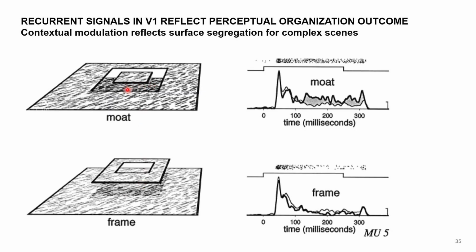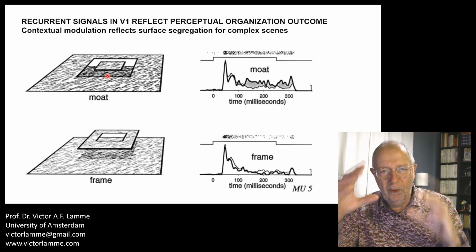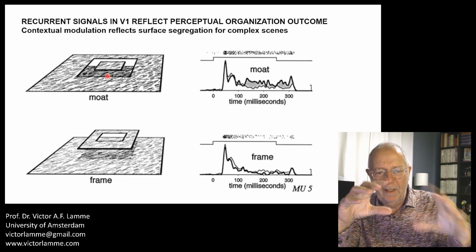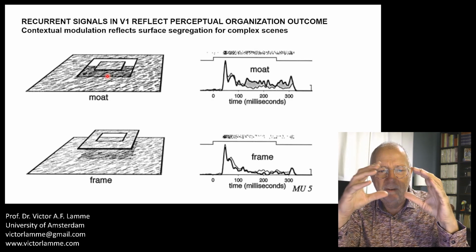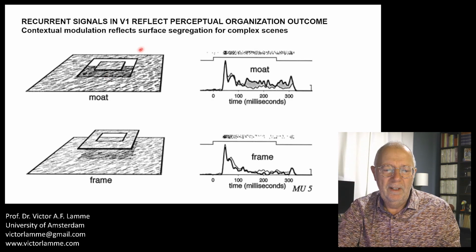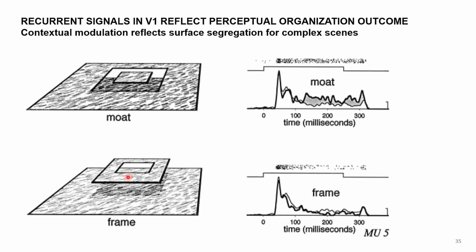With the 3D goggles, we had the animals view these kinds of scenes, but then because of the disparity, they perceived this frame, as we called it, hovering in front of the background. Of course you see it in 3D here, but it's sort of a 2D picture, a 3D representation, because the monkey's looking from this side.